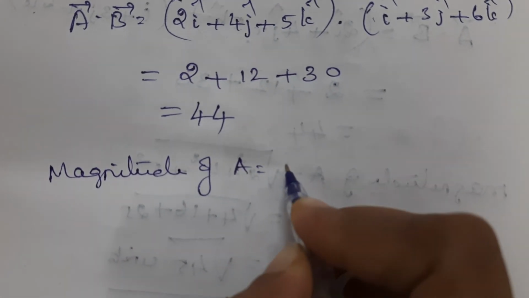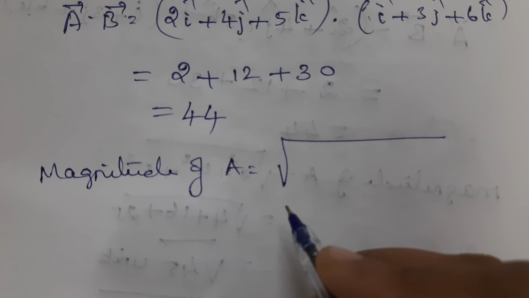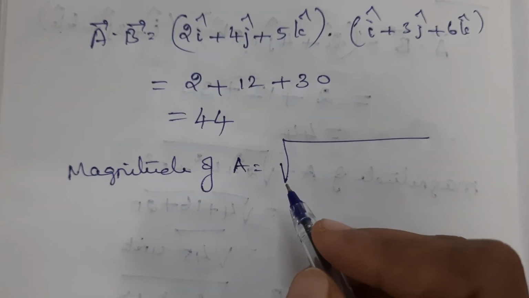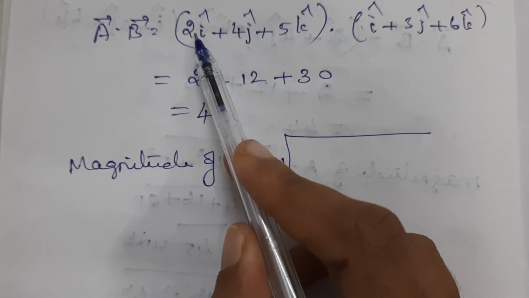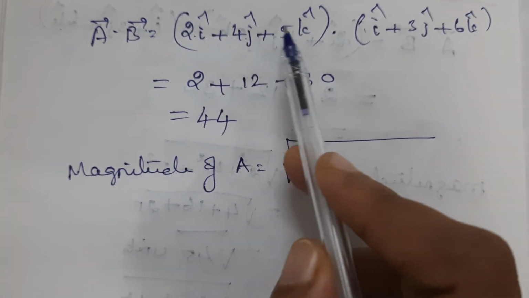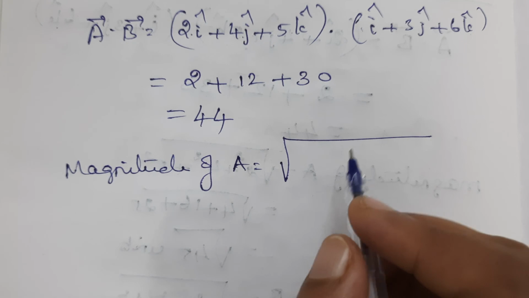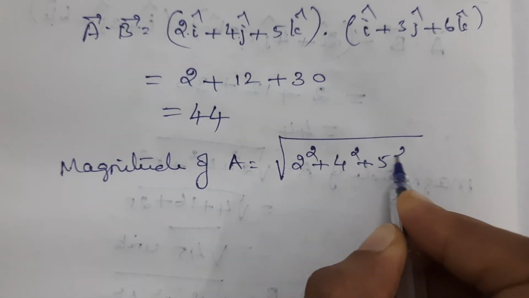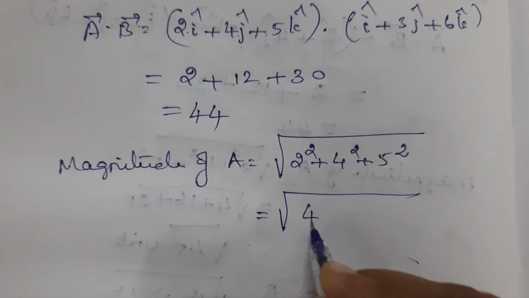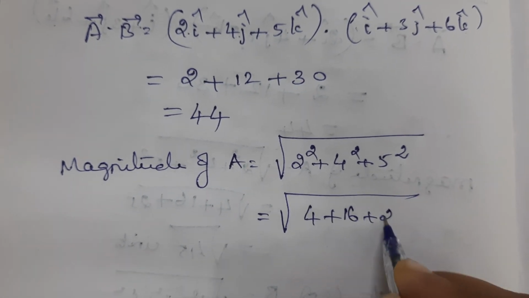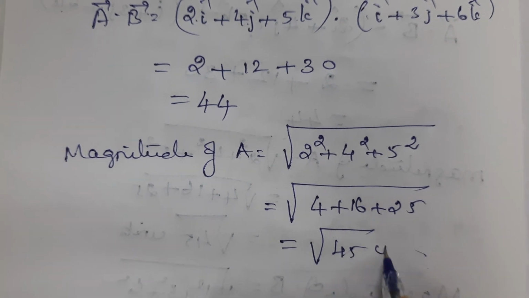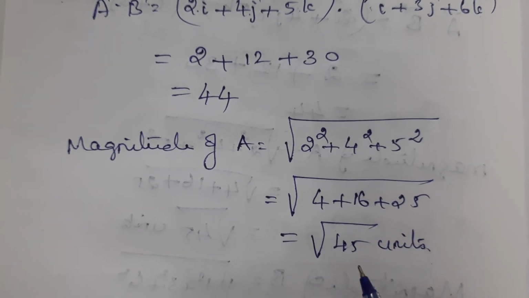Next, magnitude of A: square root of ax square plus ay square plus az square. Ax square means 2 square, ay square means 4 square, az square means 5 square. So we can write 2 square plus 4 square plus 5 square, that is 4 plus 16 plus 25. So root of 45 units.